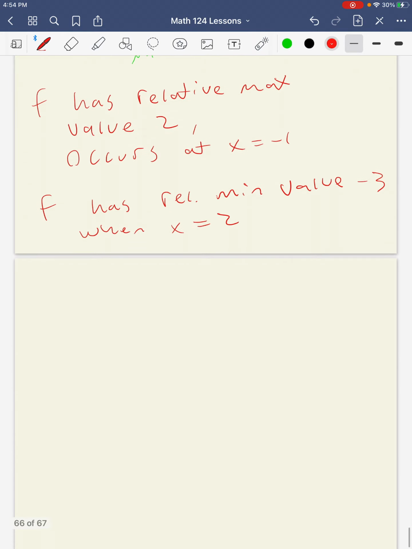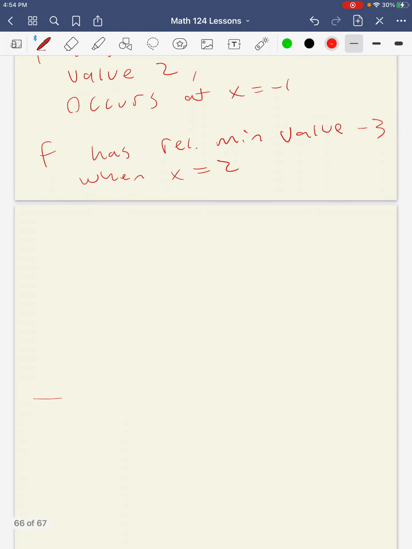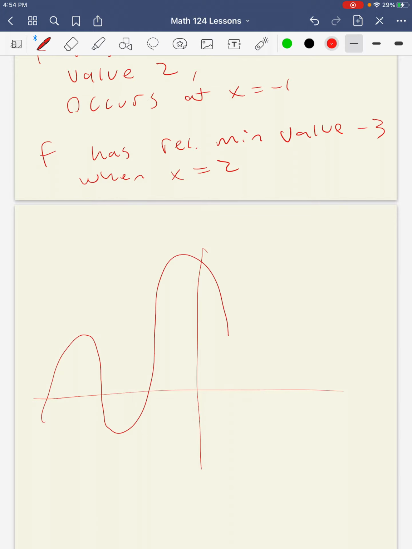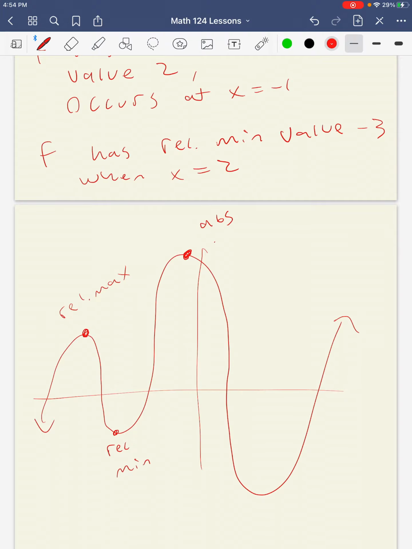And when I use the language relative min and relative max, it can be demonstrated by this following picture here. So here we have a relative max. Here we have a relative min. Now we have an absolute maximum.